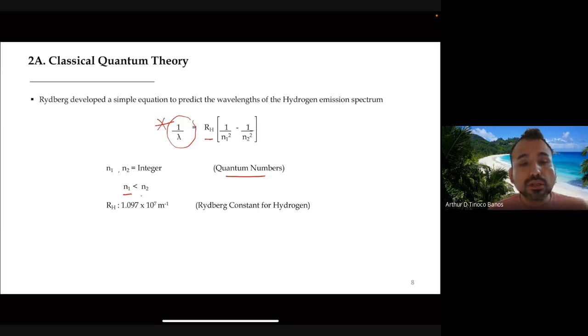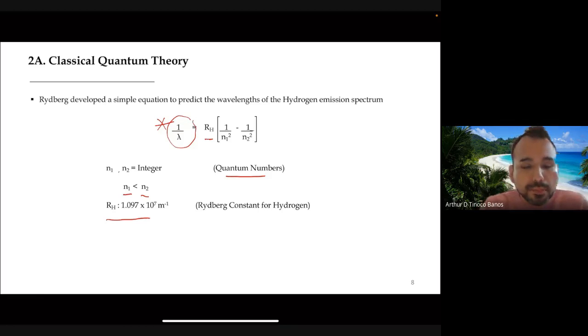So n sub 1 represents the lower energy orbits and n sub 2 represents the higher energy orbits. And then here's the value of Rydberg's constant for hydrogen. This equation was developed in order to predict the wavelengths, or more broadly, the energies of the corresponding hydrogen emission spectrum, those lights that I showed you in the previous slide.